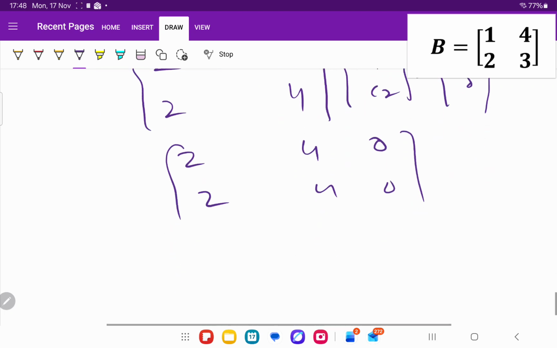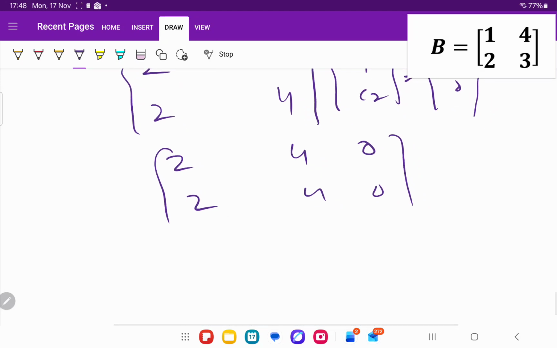That's how you should write here. If you subtract both of these rows, R1 minus R2, even if you don't convert this 2 to 1, you can get 0 zeros down. But it is up to you, depending upon how you think about the row operations.